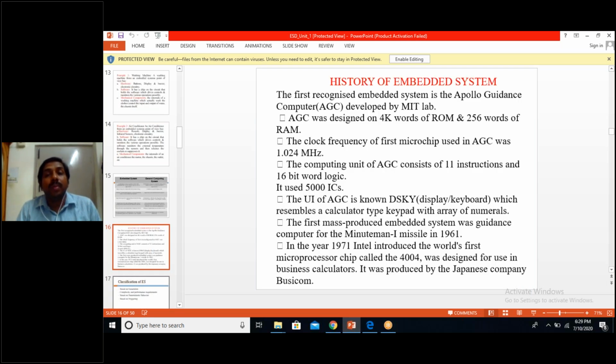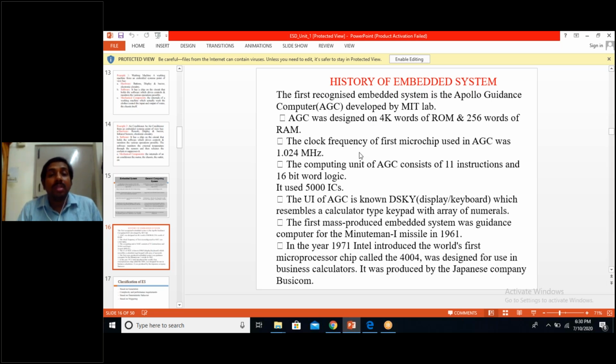Coming to history of embedded system, the present embedded systems available in all the areas started from the first embedded systems called Apollo guidance system and Minuteman missile system. These two systems are having different architectures. They developed these systems at MIT labs.